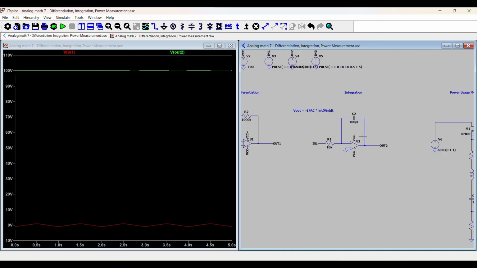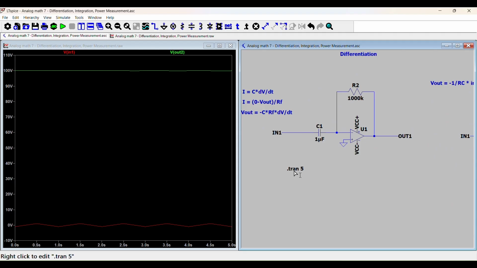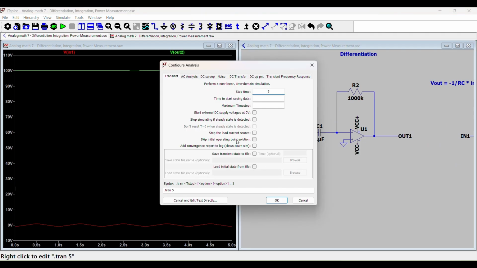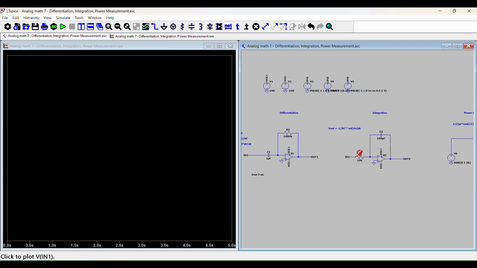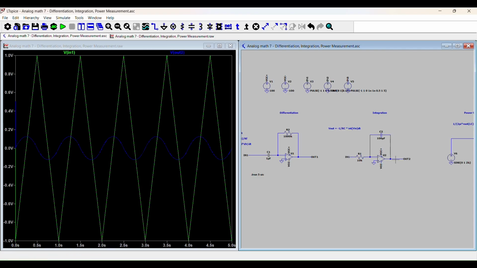The way to solve this in LT-Spice, if I actually wanted to integrate this function, is to skip the initial operating point solution. Skip initial operating point. So it works. The output now is the negative of the area under the curve of the input. Let's check that. We've got a triangle wave as the input.